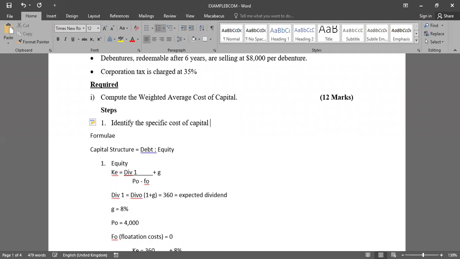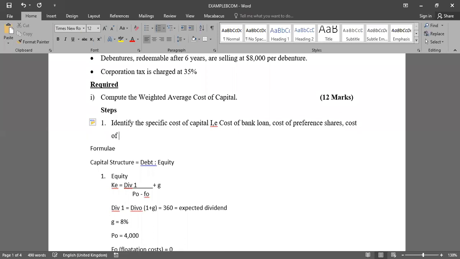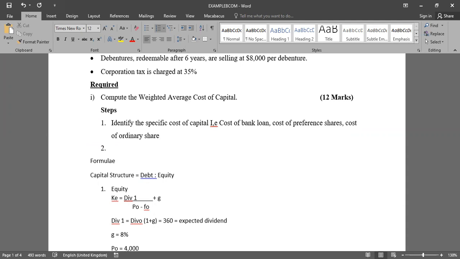By this we mean you get the cost of bank loan, cost of preference share, like what they've just done, cost of debt, cost of capital of ordinary shares or equity. What they've just done, that's the first step.